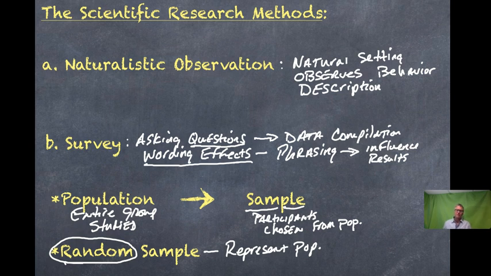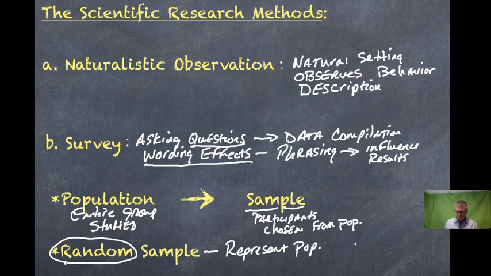If you're looking at 1,500 teenagers and their attitudes toward climate change, and they're all from San Francisco, that's not representative. So you have to make sure that your sample represents the population. And when you look at survey information, your first question should be, well, how big was the sample?